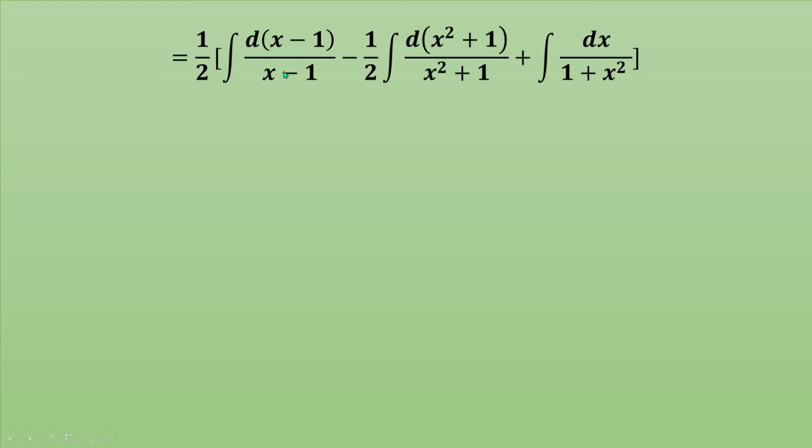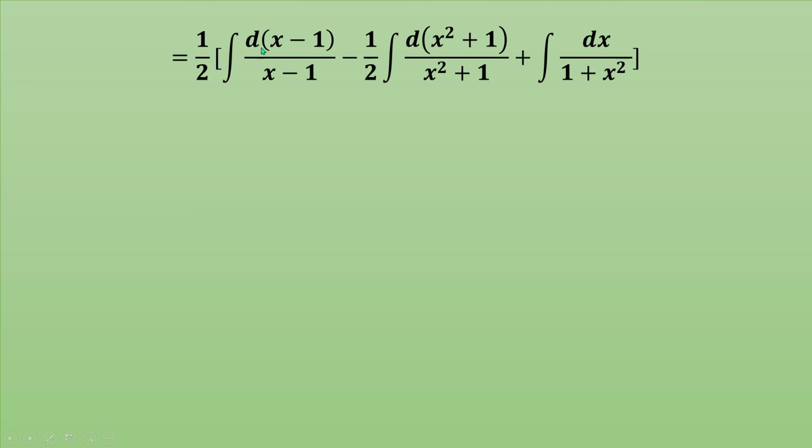Now we can write in this form. There is only x here, but we have written d of x square plus 1. After differentiating this, we will get 2x dx, but in the previous line there was only x, so for getting this we have to multiply by half.